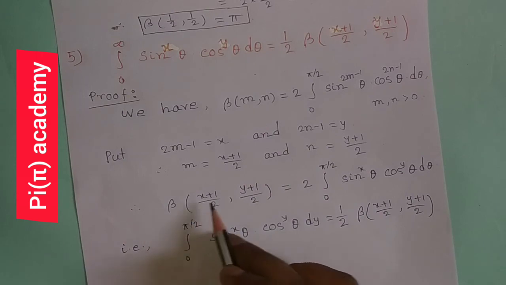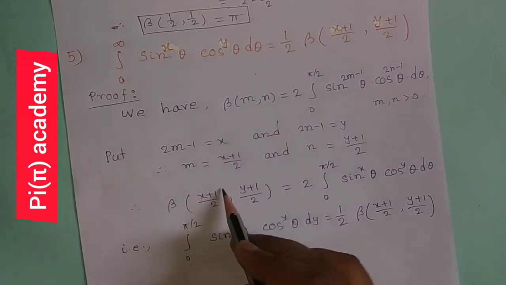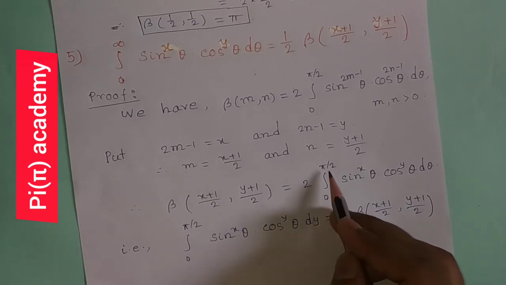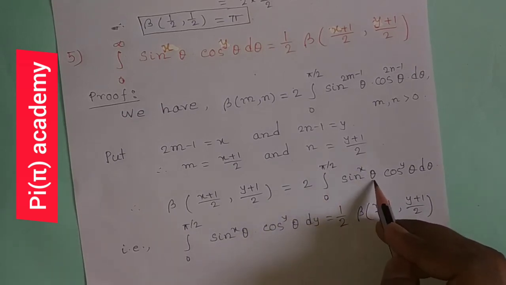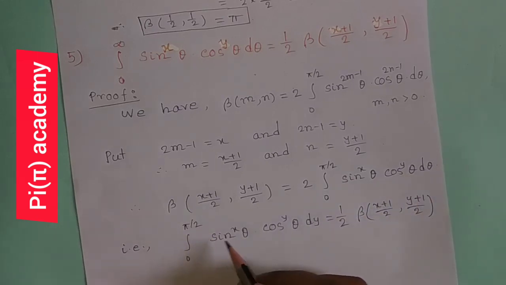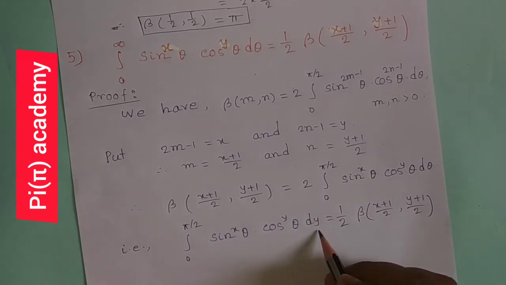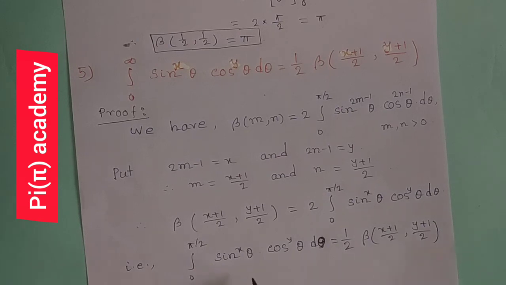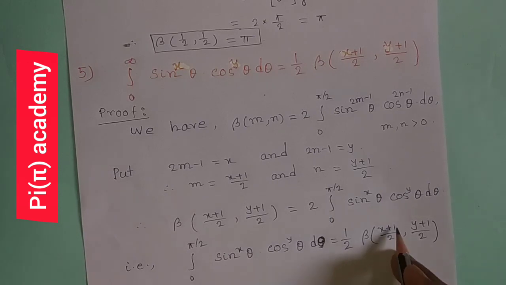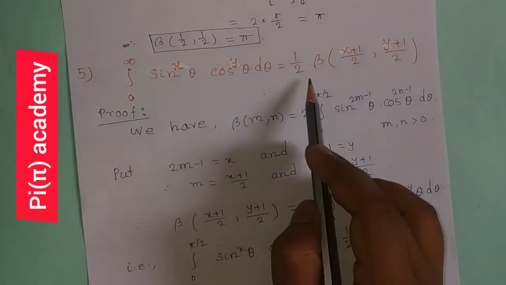We put the value of m and n, so beta x plus 1 by 2 comma y plus 1 by 2 equal to 2 into integral 0 to pi by 2 sin to the power x theta into cos to the power y theta d theta. Therefore integral 0 to pi by 2 sin to the power x theta cos to the power y theta d theta equal to half into beta x plus 1 by 2 comma y plus 1 by 2. Therefore property number 5 is established.